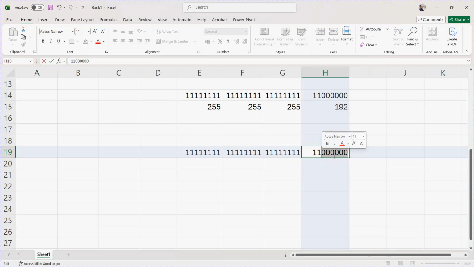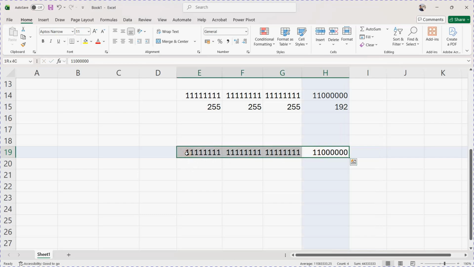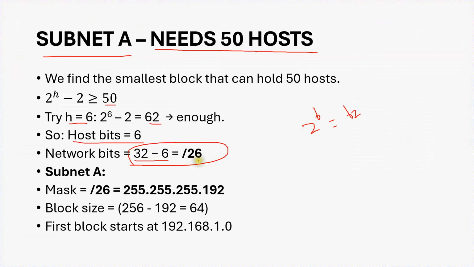This 6 bits represents host. The remaining bits, from here to there, represent network. So that's what it means here.